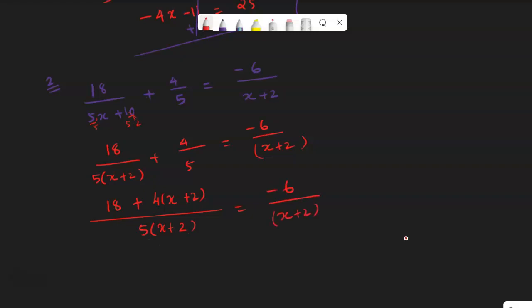This is the point where the magic is going to happen again. See, look here, 5 times x plus 2, and this is x plus 2. If you have such a denominator, you can cancel that out.